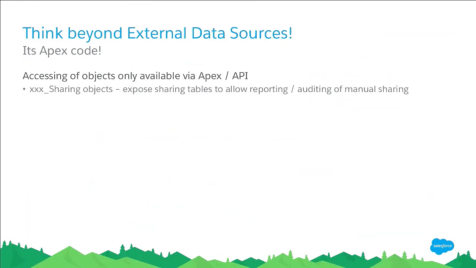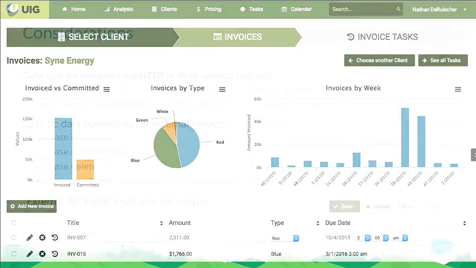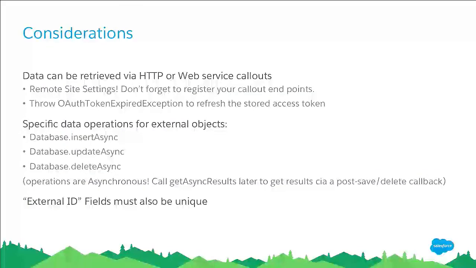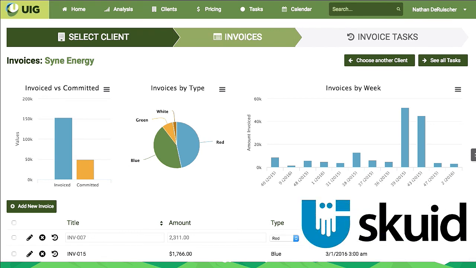And then finally, there are other partners out there that support OData as well. So if you find Salesforce OData is not great for you, then Squid does it as well. They can connect to an OData data source, and they can graphically make it look really cool in the UI.